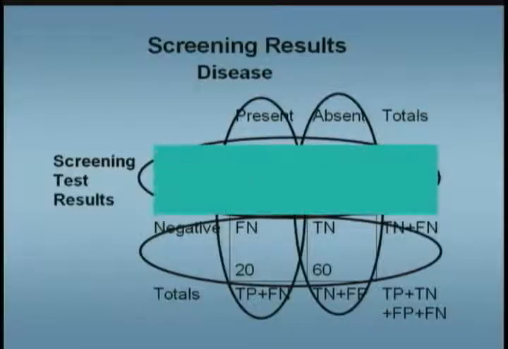Once again, the calculation is very straightforward. We're now going to focus only on the bottom row of our table, where all the negatives are. We can safely ignore the top row of the table, where the positives are. Once again, let's apply the rule: trues on top, divided by everything. In this case, true negatives divided by true negatives plus false negatives. Notice, please, everything in that calculation must be a negative, because it is, of course, negative predictive value.